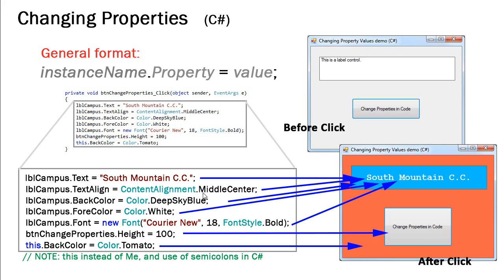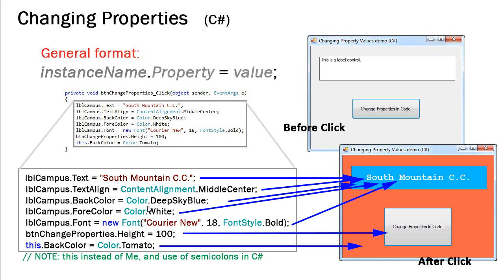Once you do that and type the period, the IntelliSense would then show you the 9 different options for content alignment, one of which is middle center. So you can use that IntelliSense feature in coding to really help you figure out what you need there as far as the different values.